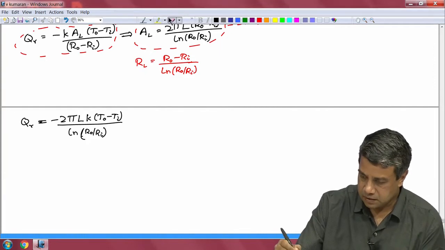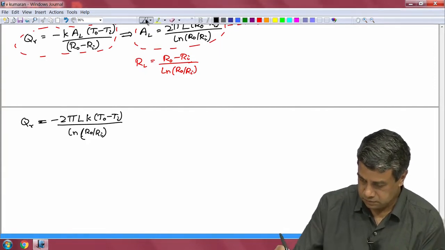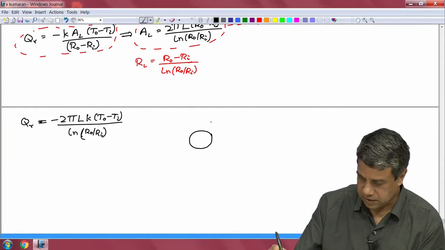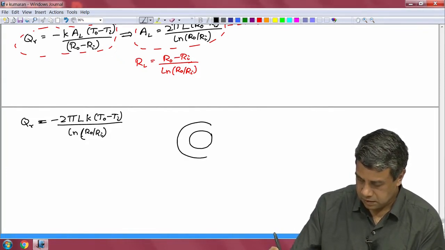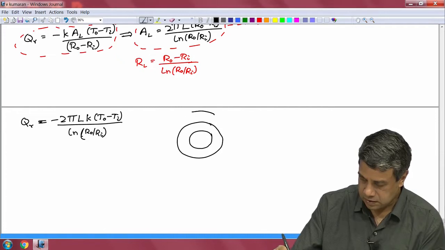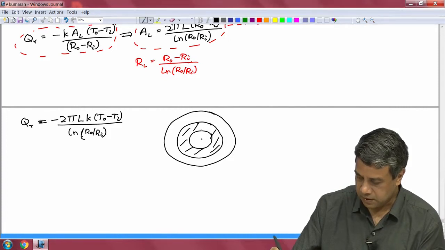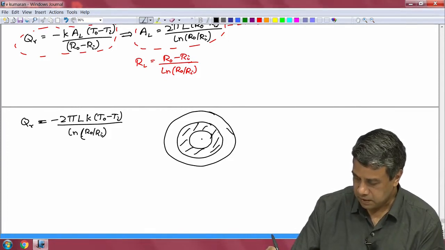What if we had, instead of one cylinder, two concentric cylinders? One of them was made of one material, the other was made of another material.